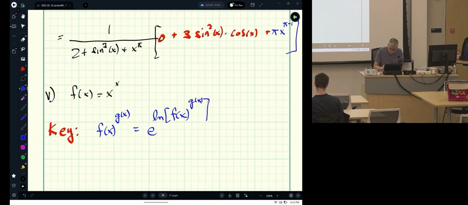That looks really awkward. And the beautiful thing about logarithms, once again explained in chapter 1, is that the log of something to a power, the power just comes down in front. It's g of x times the natural log. So now you've got an exponential, a product, and a chain rule.